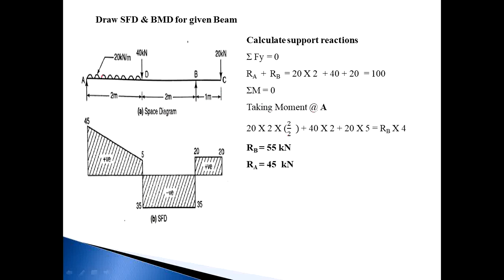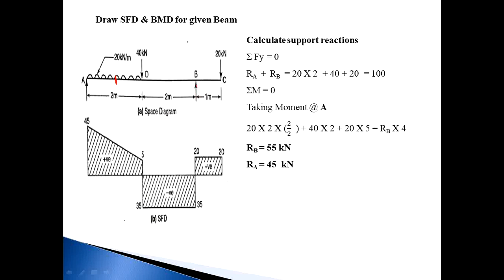First start with the UDL. The total intensity of UDL is 20, the length of UDL is 2 meters, and where does it act? At half of this length, that is, the total force of the UDL acts at this point. So the distance is half of the AD span, so 2 by 2. Then 40 into 2 meter.